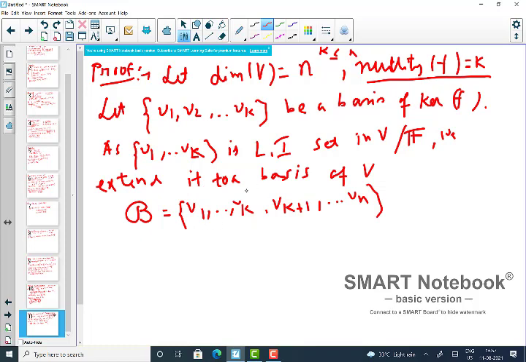Now my claim is that the remaining vectors, if you take their image, will generate the range. Then you are done, because the dimension of the range will be exactly n minus k, and if we add n minus k and k, you will have n, right? So what is our claim?